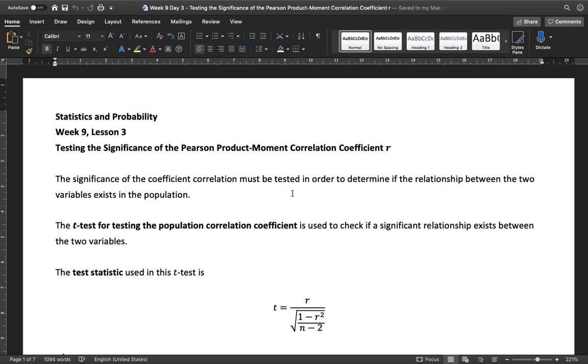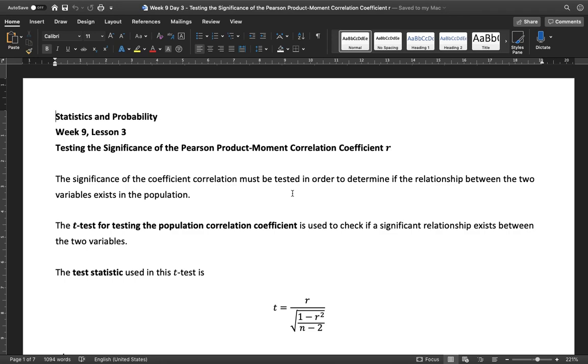Kasi we can assess the strength of relationship from zero, negligible, hanggang very high to perfect, di ba? Baba pataas. So, dito sa testing the significance, importante bang tingnan natin yung relationship na meron dun sa correlation coefficient to suggest any important statistical analysis.